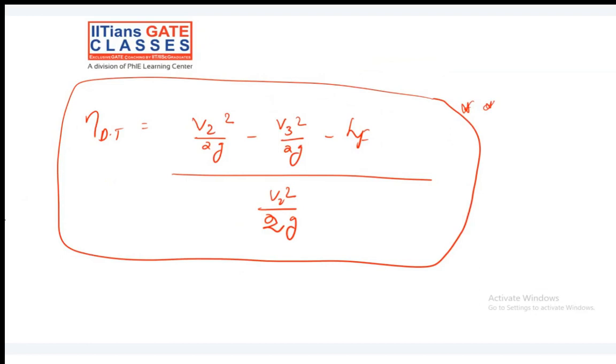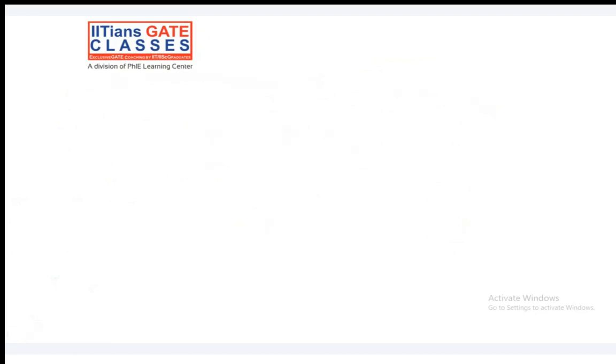Now, this Francis part was the radial flow turbine. This is done, and next is axial flow. There is very little difference between axial flow and radial flow. These are called Kaplan and propeller turbines. These are axial flow turbines.